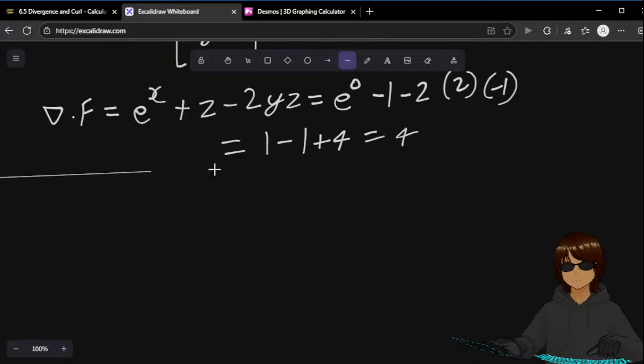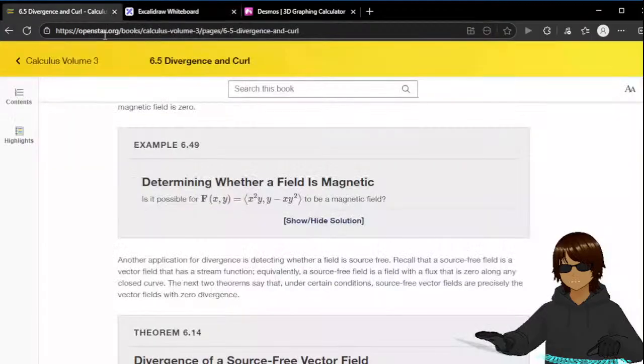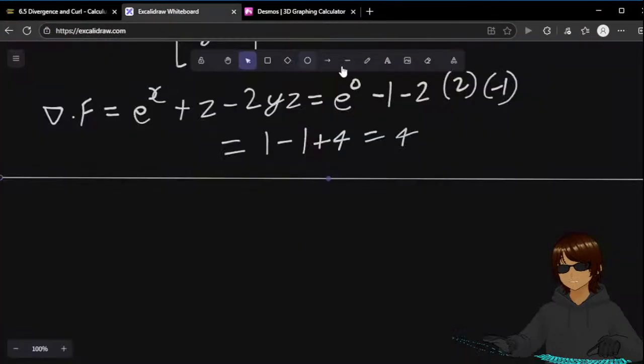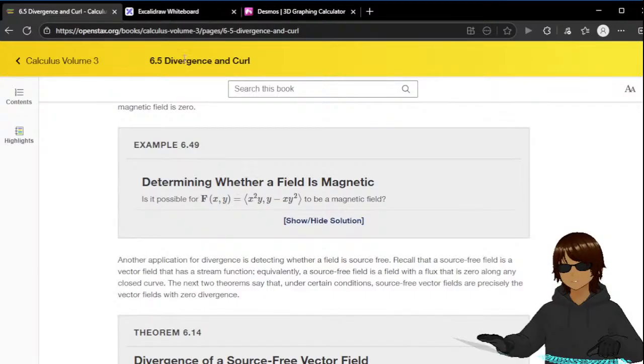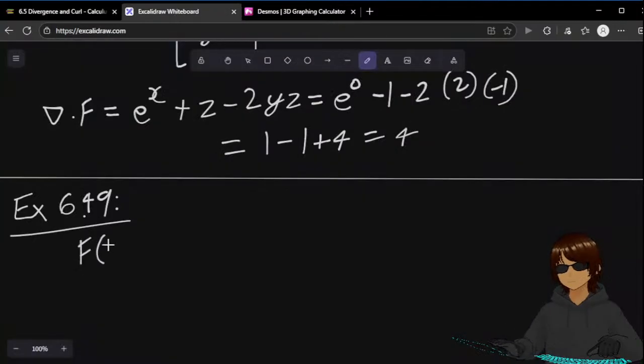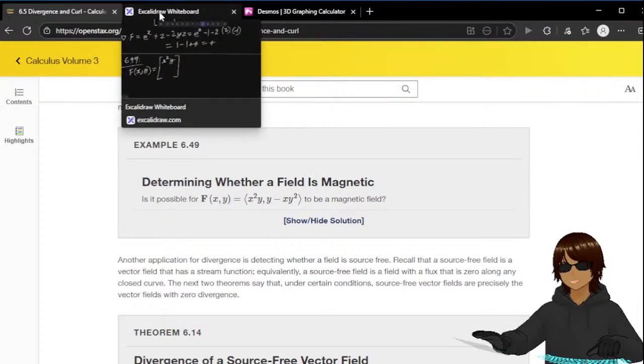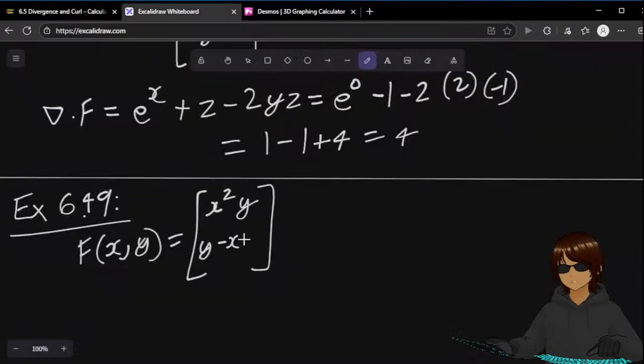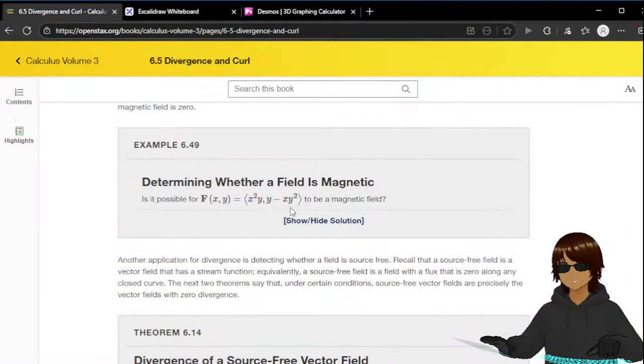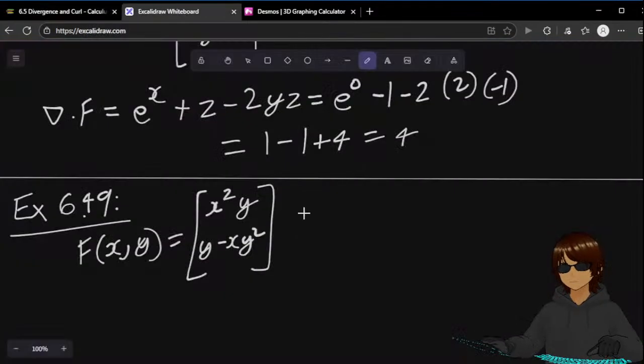Let's see, example 6.49. F is x squared y minus x y squared, x squared y.